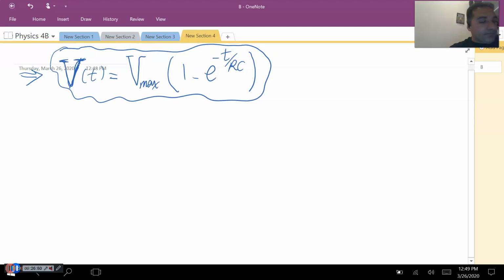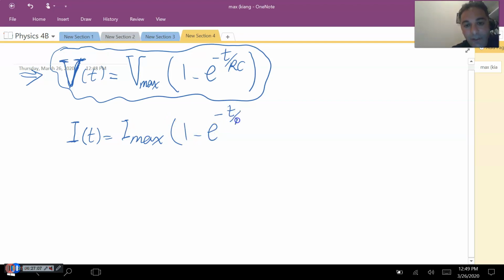What about electric current I? We will receive the same equation. I(t) is also what? I max, parenthesis 1 minus e to the negative t over RC.